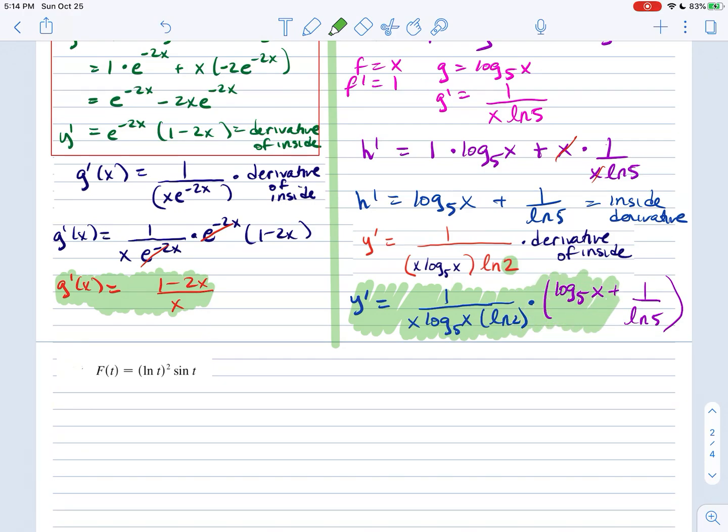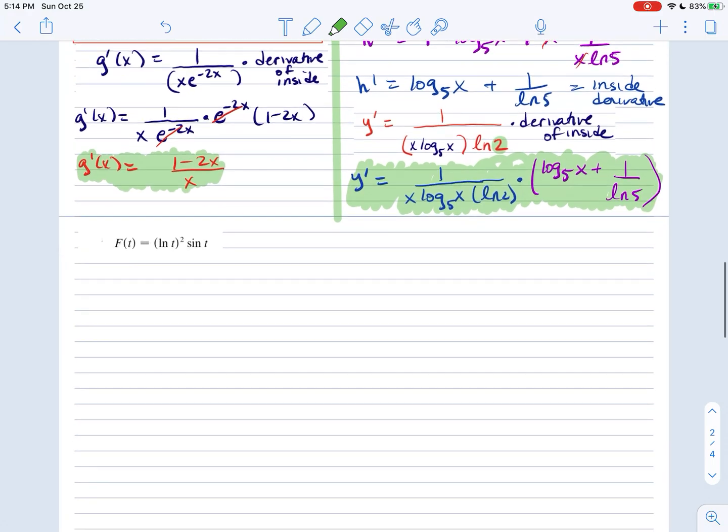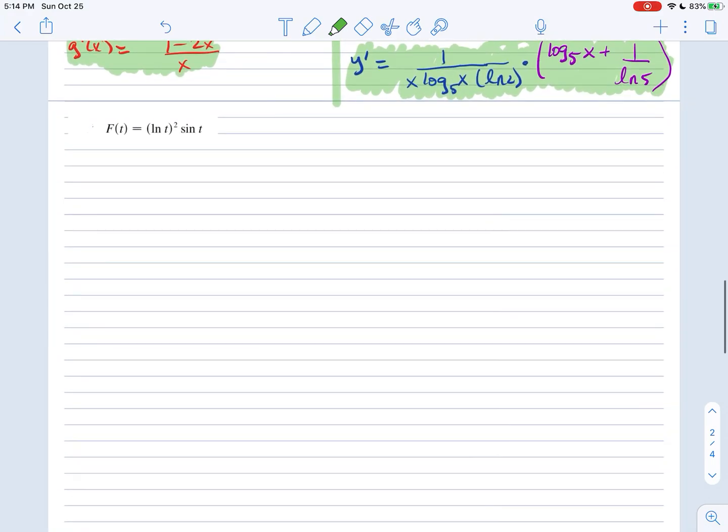And in the interest of time, I'm not going to convert that to one fraction. I would distribute the outside into the inside two terms, and then I might take it all over the same denominator. Good.